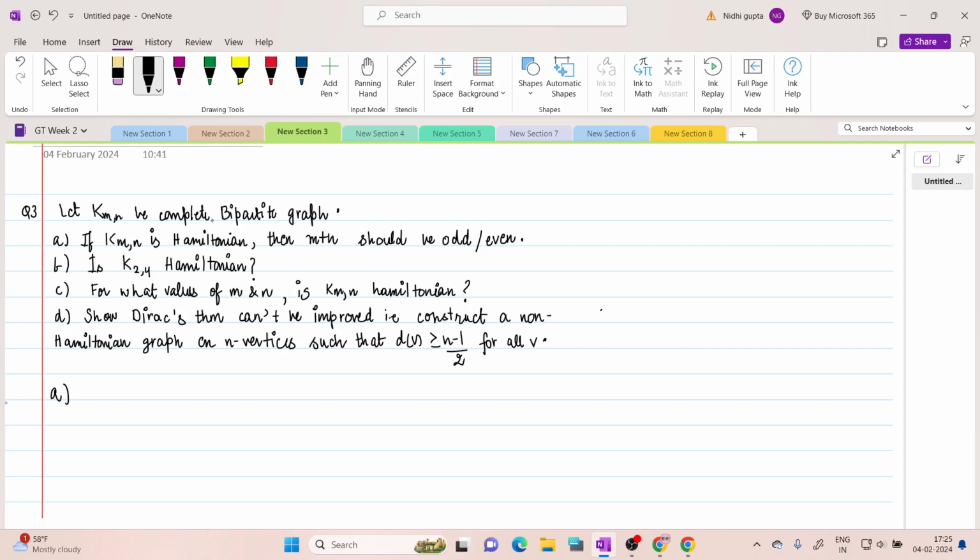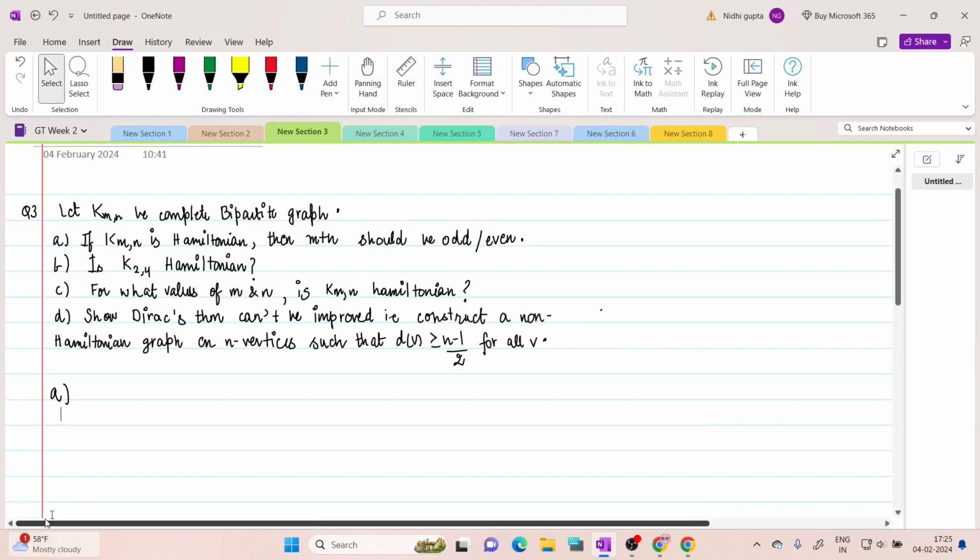We are given that K_{M,N} is a bipartite graph and that it is Hamiltonian. So what should be the condition on M plus N? Any guesses?